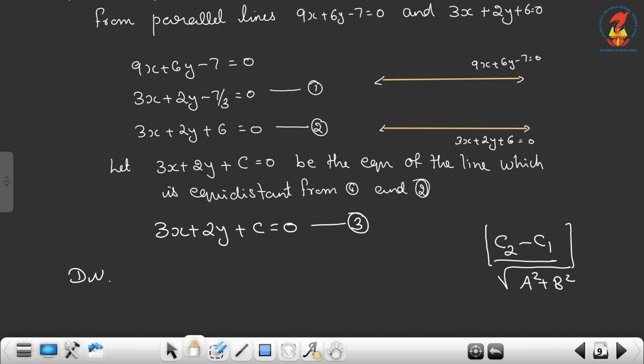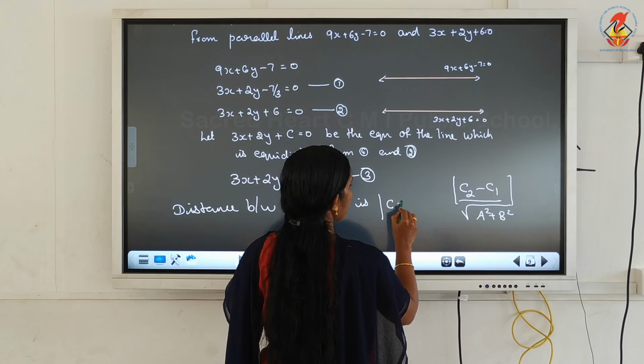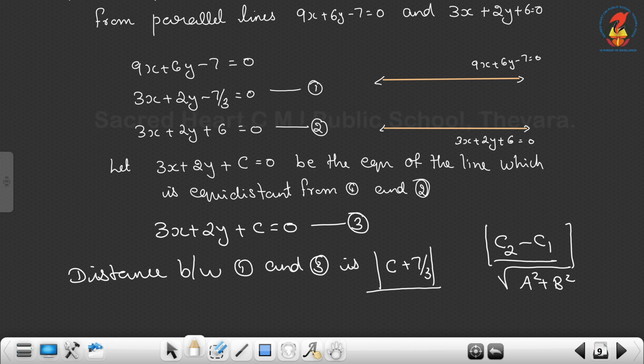Then the distance between 1 and 3 is modulus of (c - (-7/3)) by root of (a square plus b square). That is why I reduced 9x + 6y - 7 into 3x + 2y - 7/3.